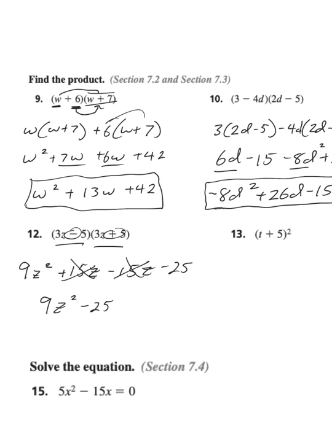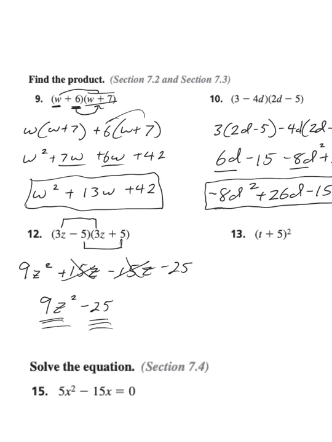So when we have conjugates like this, we only have to use the F and L of FOIL, which means the first terms and the last terms. So you multiply the first terms together, you get 9z squared. Multiply the last terms together, you get minus 25. So this again is a special kind of binomial where the O and the I of FOIL cancel out.